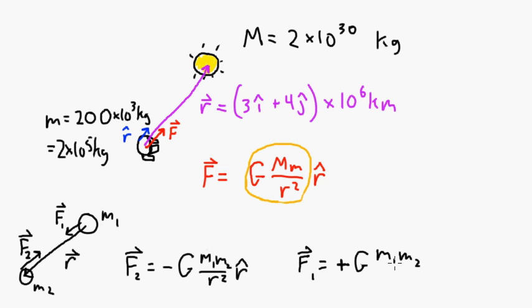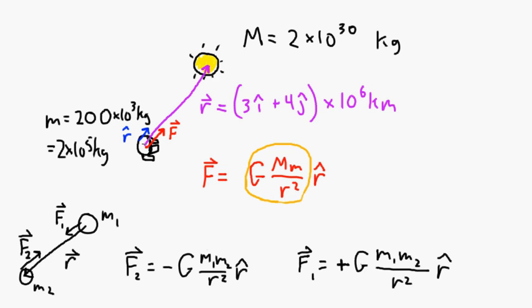So you can see how the convention is, if you're going from 1 to 2, then the negative sign is what you put in if you're calculating the force exerted on 2 by 1. But in this case, what we're looking for is the force exerted by the Sun on the Millennium Falcon.